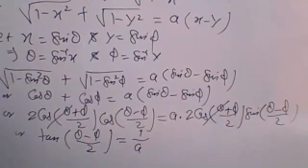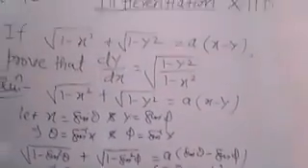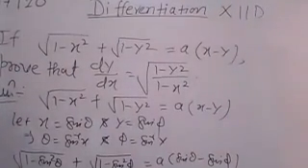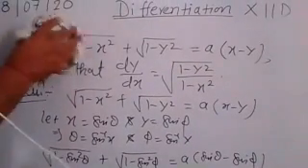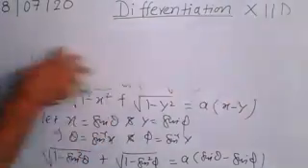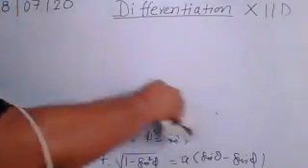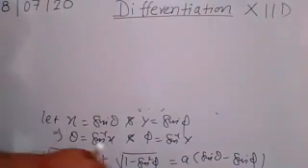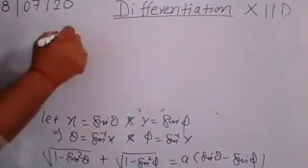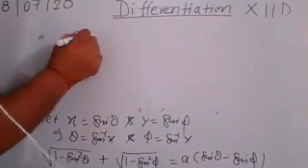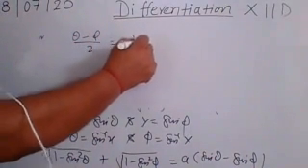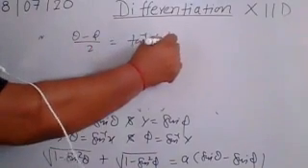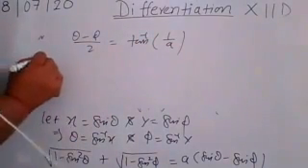Okay. So if you transfer the terms of tan, you have (θ − φ)/2 = tan⁻¹(1/a).